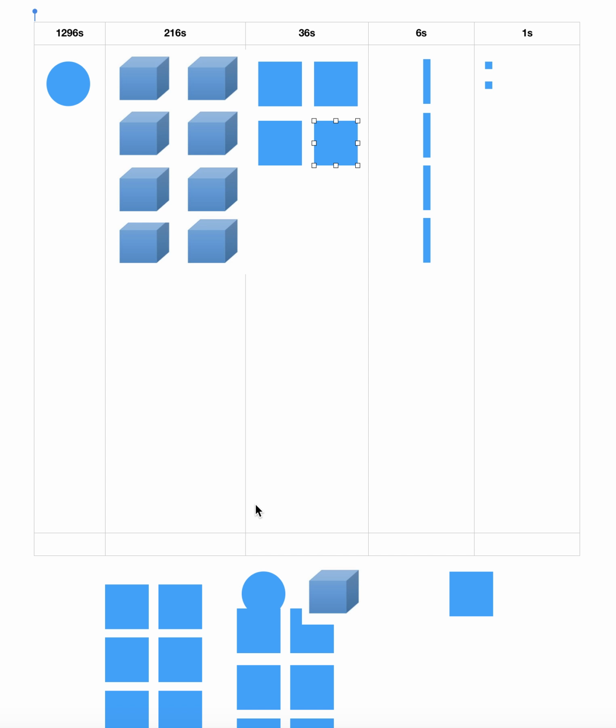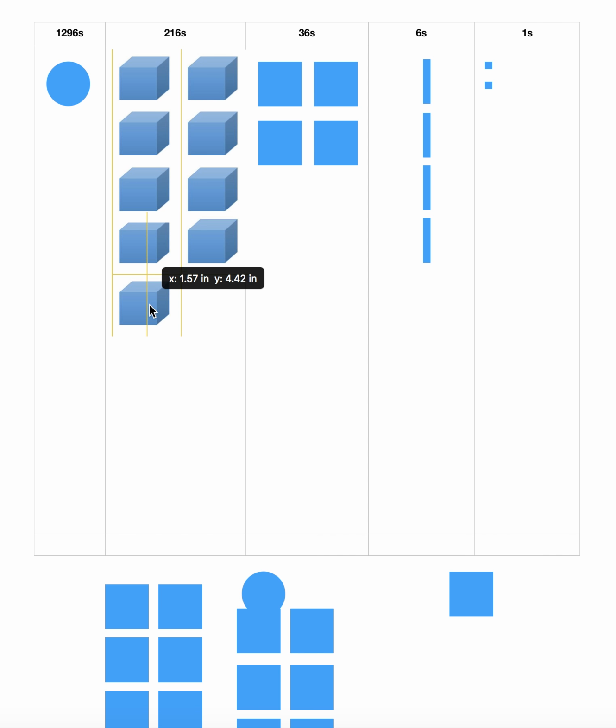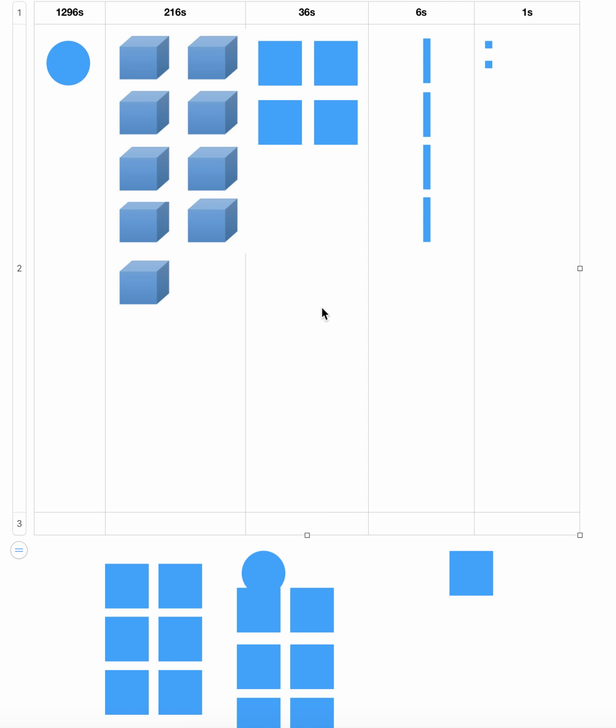I still need to replace for those that we took out. So we took 6 out and I got busy rearranging and forgot to add that. So that is to replace the other set of 6 that we took out. All right, so double checking, we have 2 in the 1s, 4 in the 6s, and 4 in the 36s. All of those are less than 6, so we can move on to the 216s.